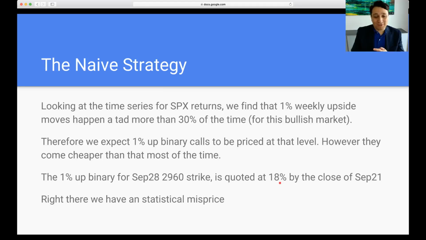So it's heavily underpriced. It's not like 25%. No, it's 18%. That's a tremendous amount of underpricing. That's something we can take advantage of, and it is a statistical misprice. It really doesn't align with what we have seen for the last 9 or 10 years.